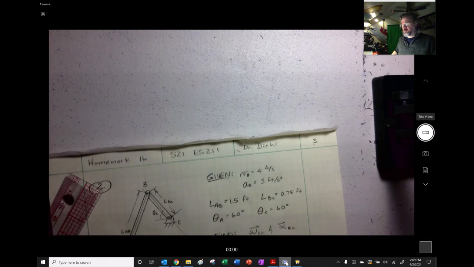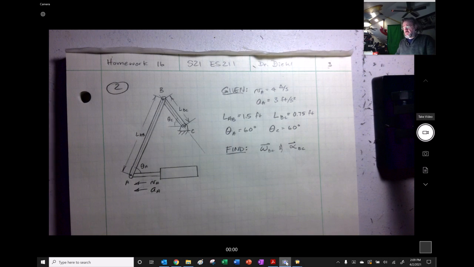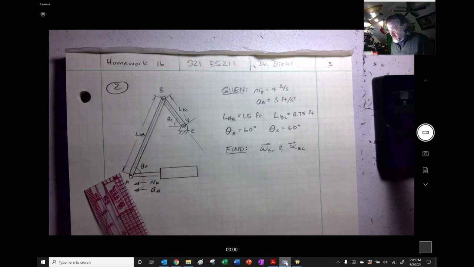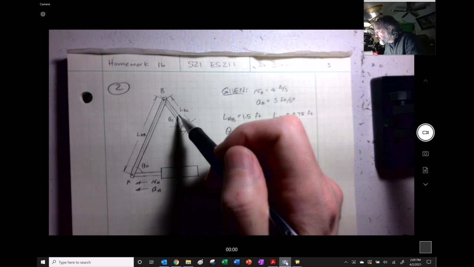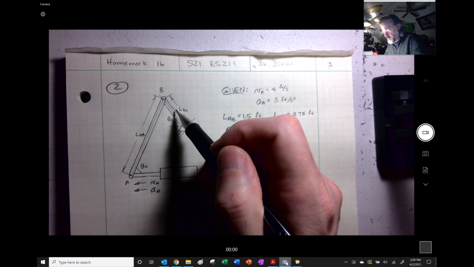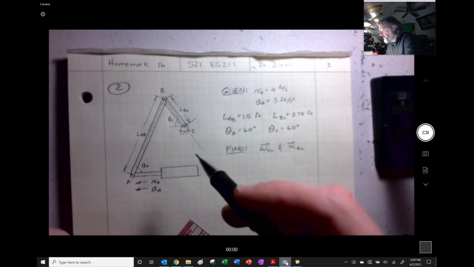So I've written out the problem. Let's get to it. Some of the first things that I want to do, we kind of work a little backwards here. We can see what the orientation of this piece is going to be.